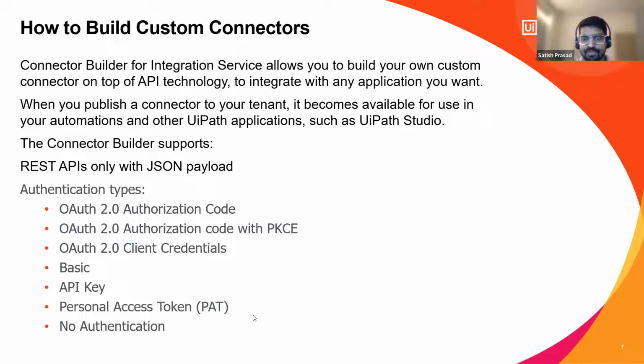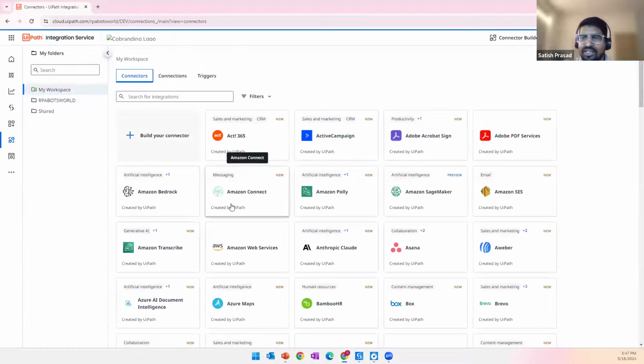All right. So now the question comes, UiPath has given so many connectors, a hell of a lot, 100 plus connectors. Why do we need to build a custom connector? If there is already a connector, why do I need to? The ask here is, we are not asking you to build a connector for everything or for the popular software you have, but there are some internal software or internal applications, right?